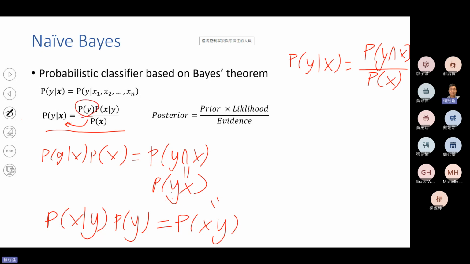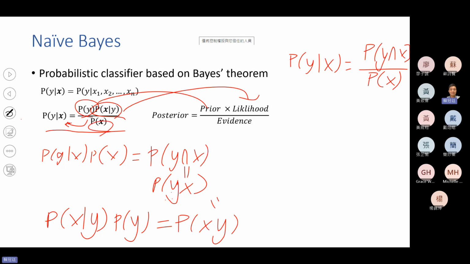The probability of Y is the distribution of your classes. It's called the prior knowledge because we already know the distribution of our labels, the training data distribution. Then P of X given Y is called the likelihood.